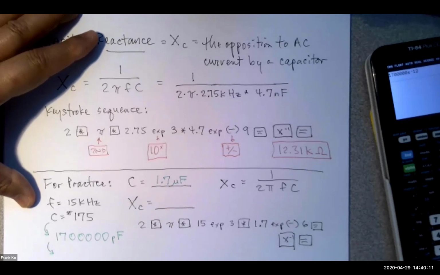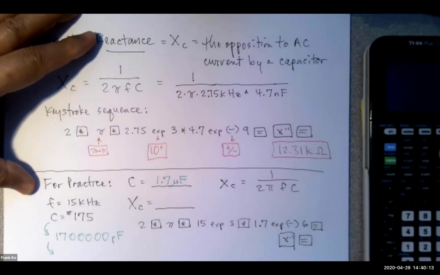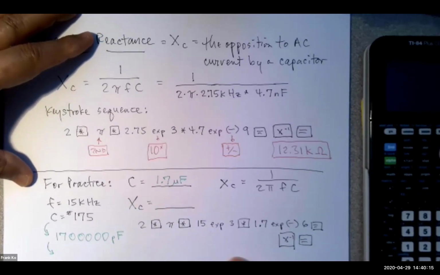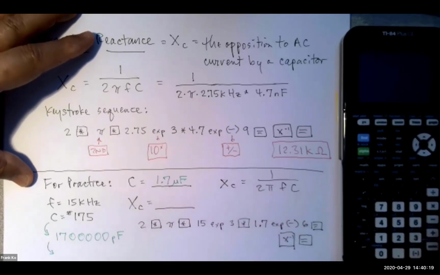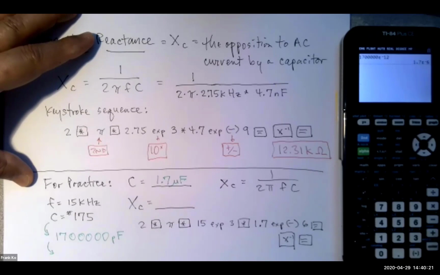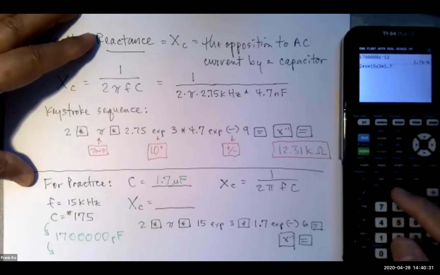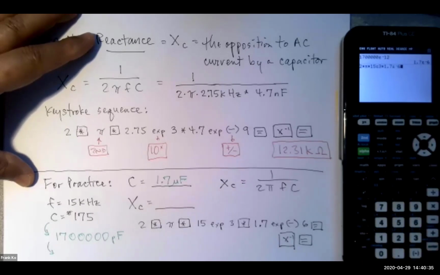So based on that, now I'm looking for a calculated value for X sub C. Let's take a moment to do that. 2 times pi times 15 exponent 3 times 1.7 exponent -6.